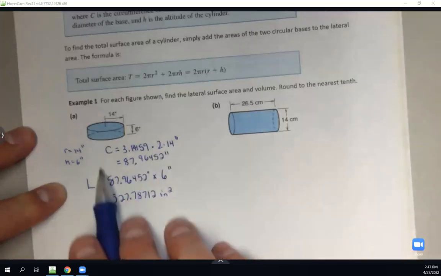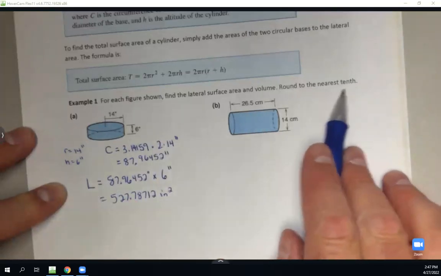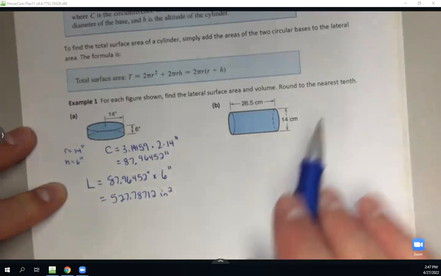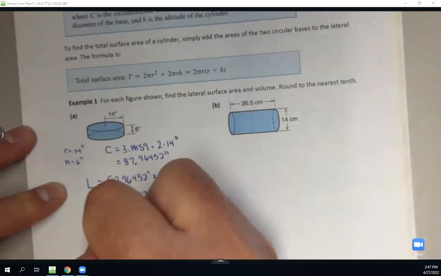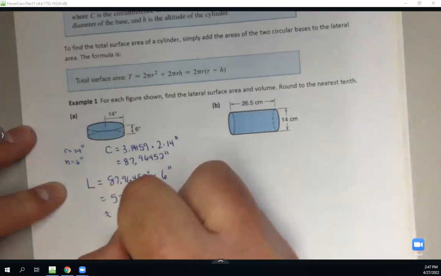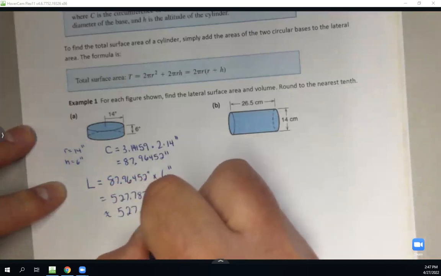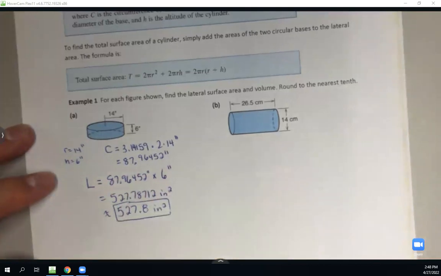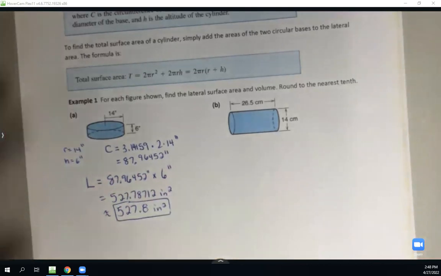And now that's the lateral surface area. So now I'm going to round that to the nearest tenth. So that would be about 527.8 square inches. Piece of cake.